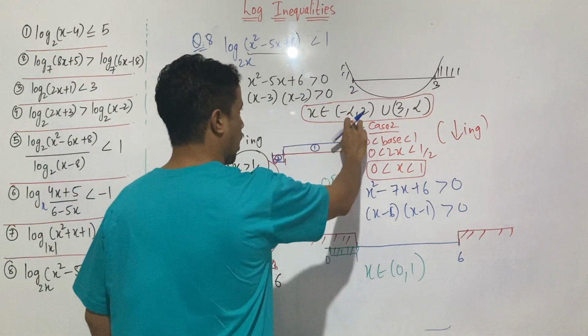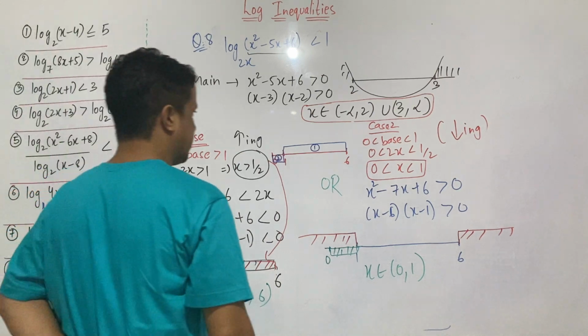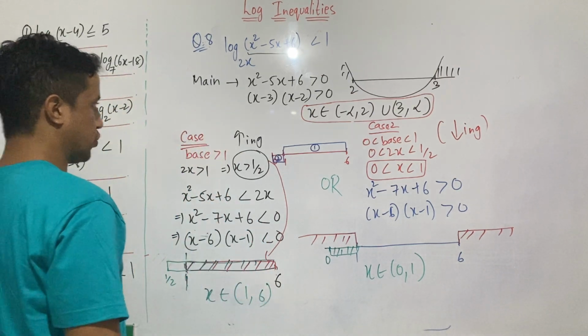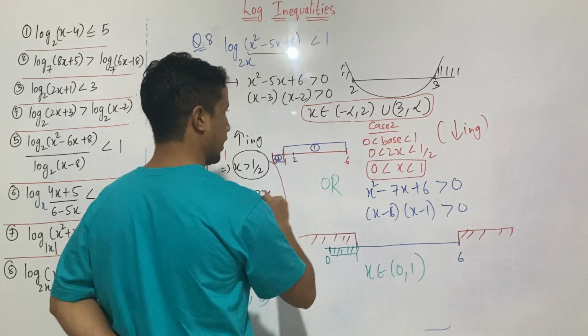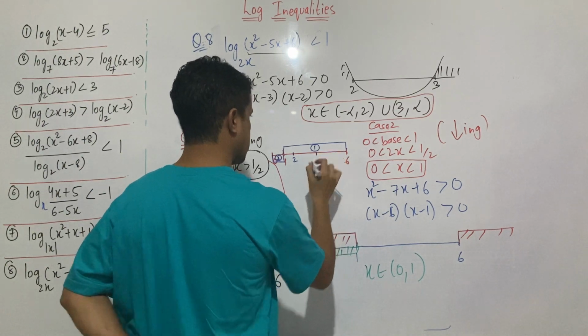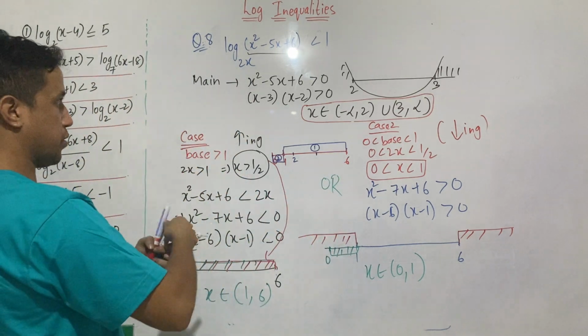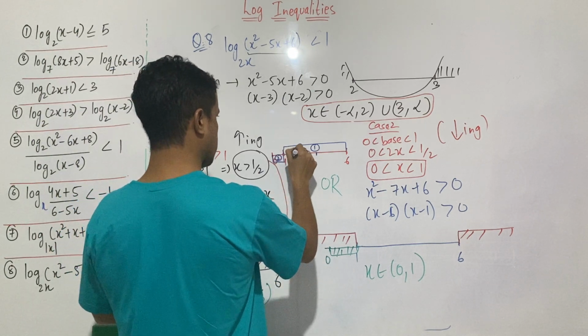Now look at this one, minus infinity to 2. Means this one, this is 2 here, and we also have 3. This region, minus infinity to 2, means this.